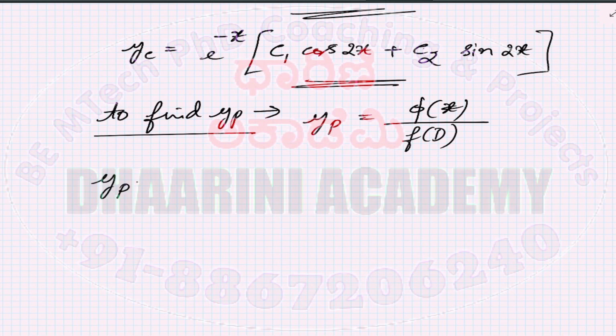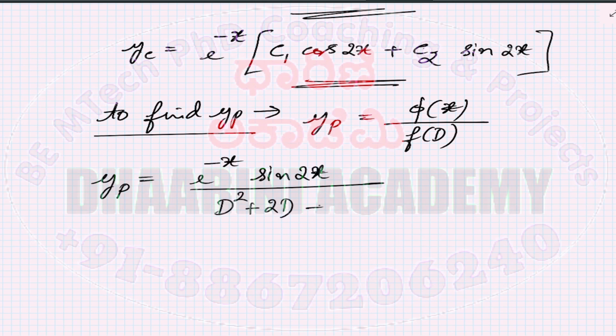So yp is equal to e to the minus x into sine of 2x, whole divided by f of D, which is D squared plus 2D plus 5. As this is a type 4 question, we have to perform D by D minus 1.